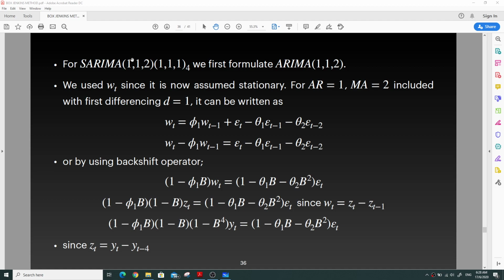And then 1 minus B4 tells how many seasonal differences we need, and so on.